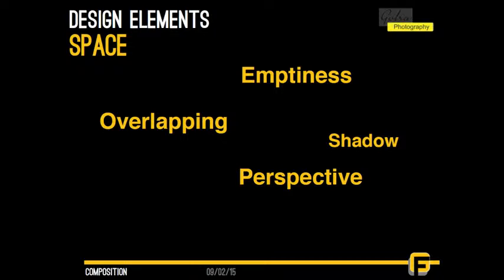Then shadow: you have a huge empty space, but a shadow balances that space symmetrically or asymmetrically. And perspective is the way you're looking at the picture, and you can easily make your own perspective when looking at it.